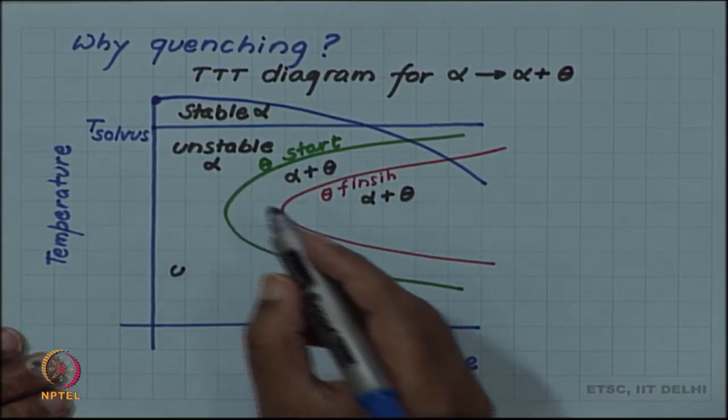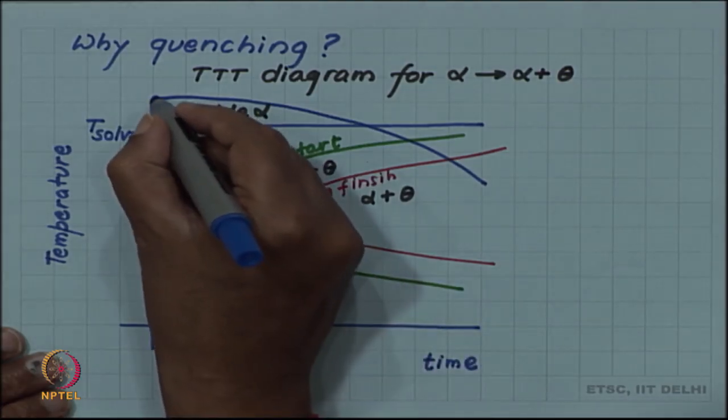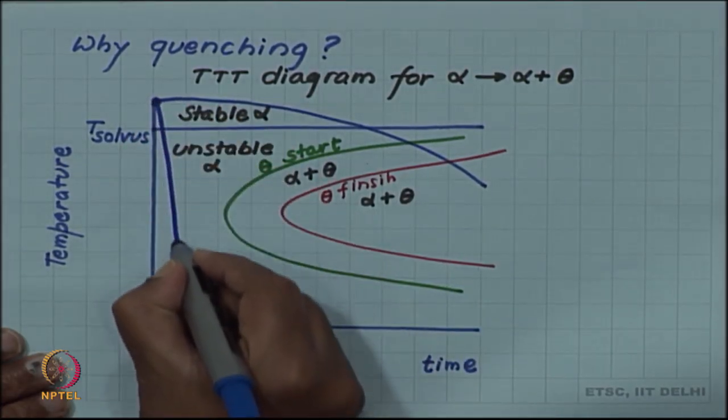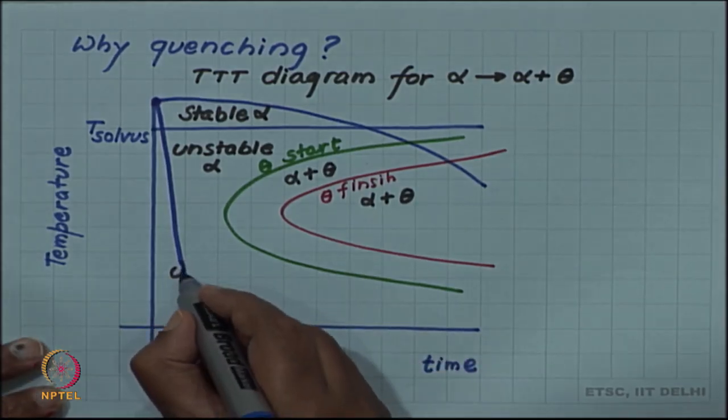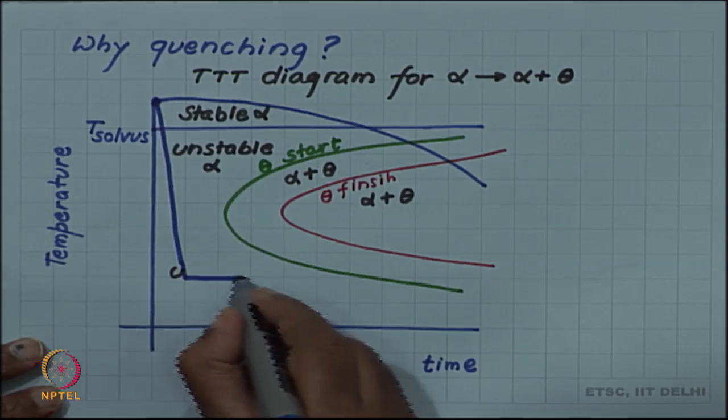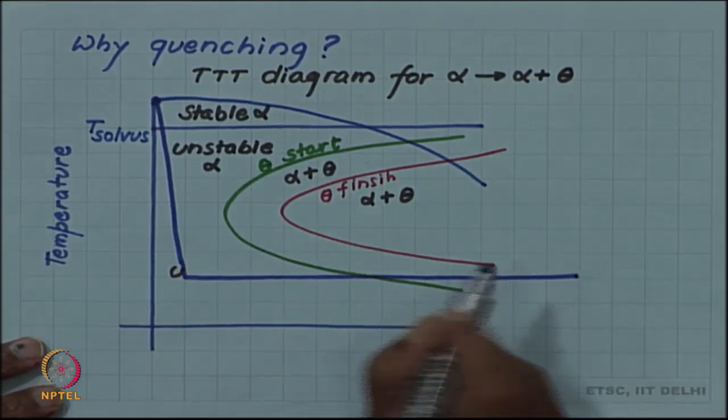However, what Wilm is actually doing is to quench and then allow the transformation to happen.